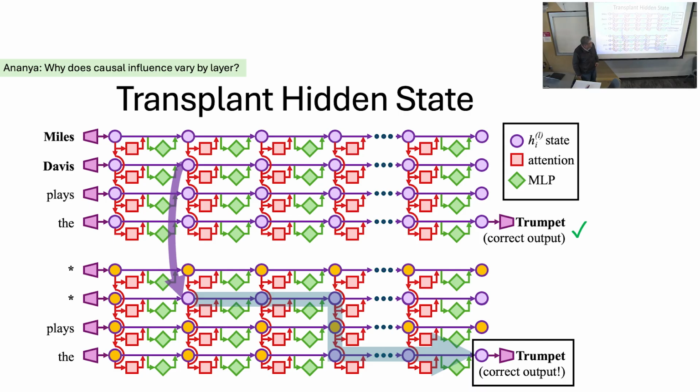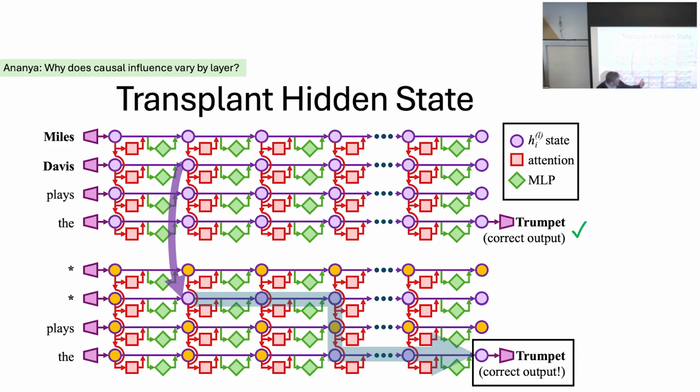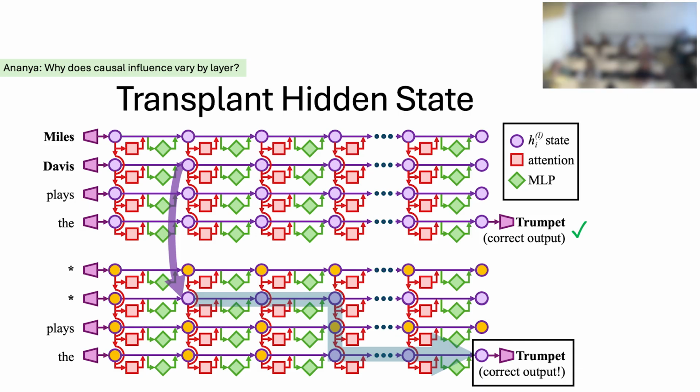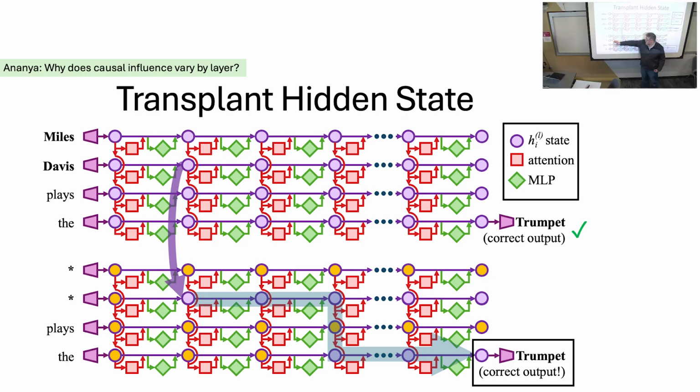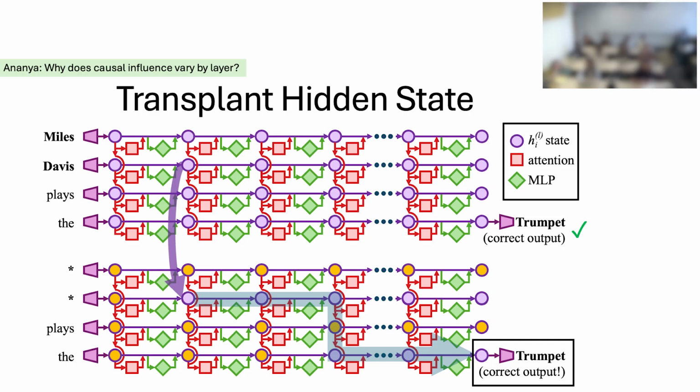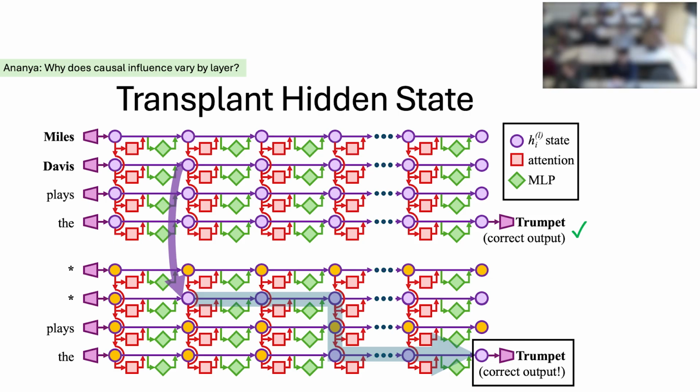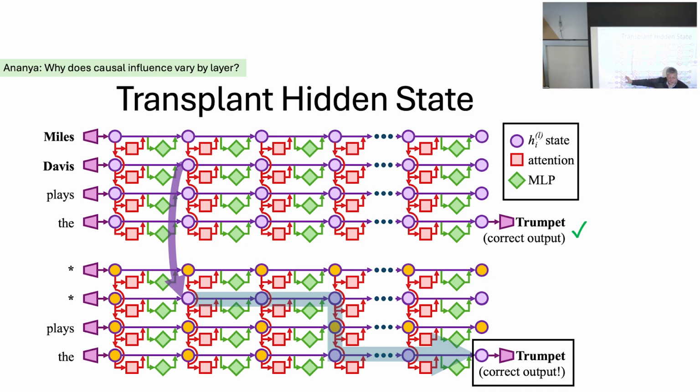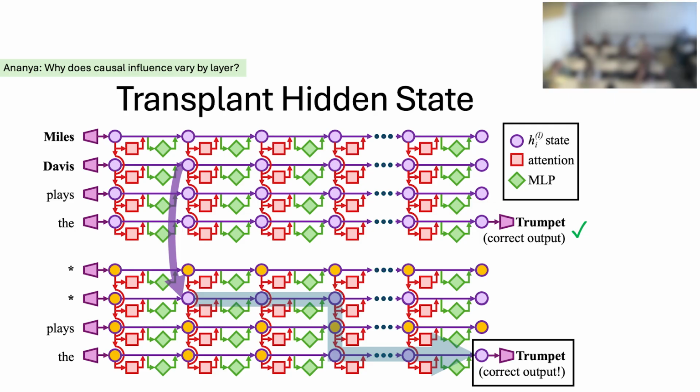Does the diagram make it clear? You see this elbow here, right? So this is my mental model for why it might behave differently. This light blue diagram is actually my mental model for how information is flowing in this system. Before you get to layer 12 or so, it's diffuse. Miles Davis is just these diffuse things. It's about tokens. But then something happens at around layer 12, which consolidates information at the token Davis, right?